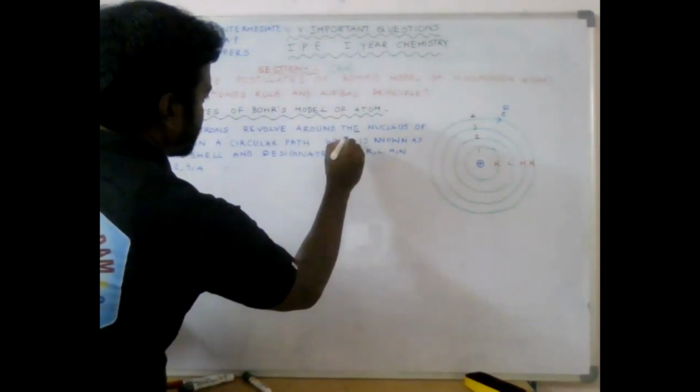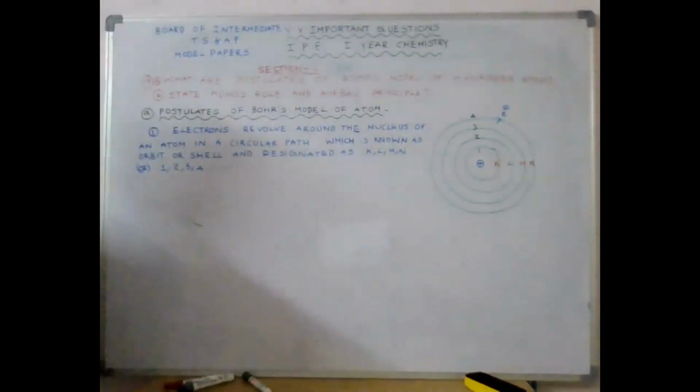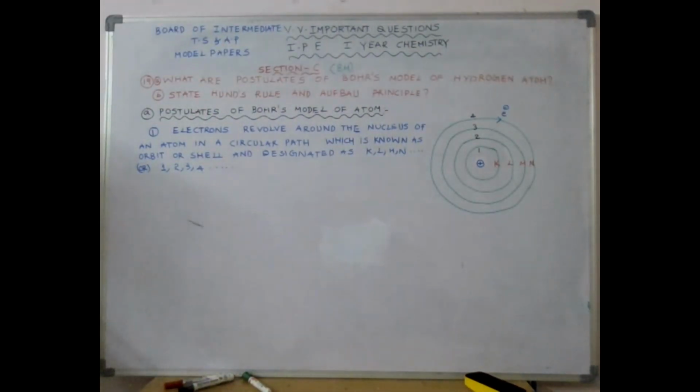That circular path is known as an orbit or shell, designated as alphabets K, L, M, N or numbers 1, 2, 3, 4.